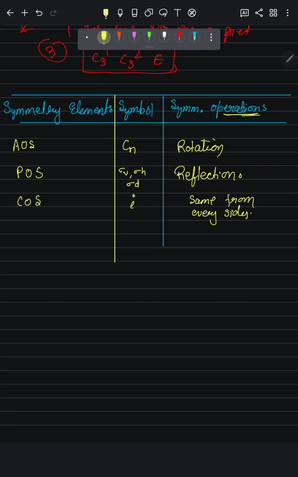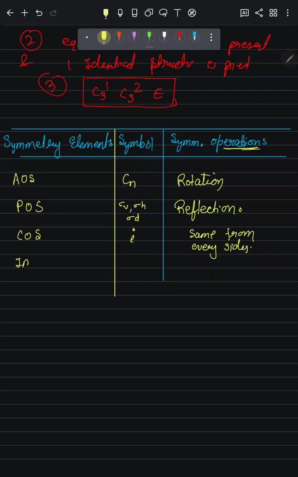And after that, the improper axis of rotation. Here two types of operation are performed, and it is represented by Sn: an axis of rotation which is perpendicular to a sigma plane is represented by Sn. As an example, C2 perpendicular to sigma is represented by S2.